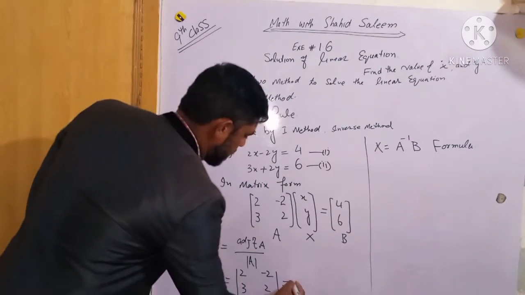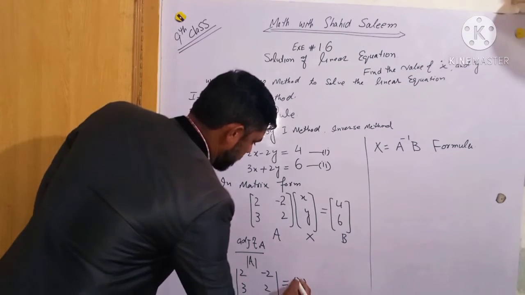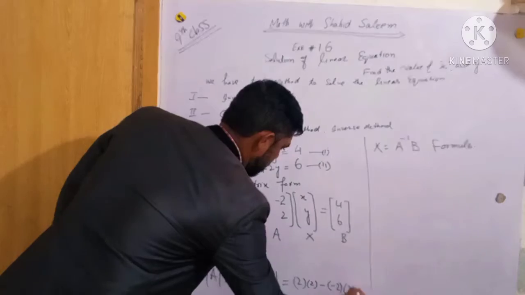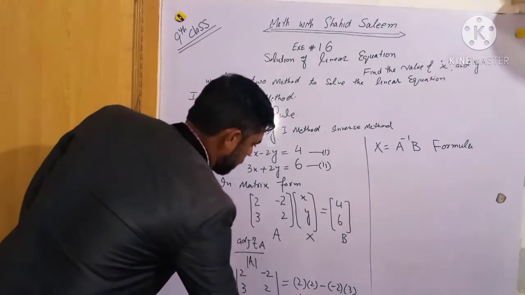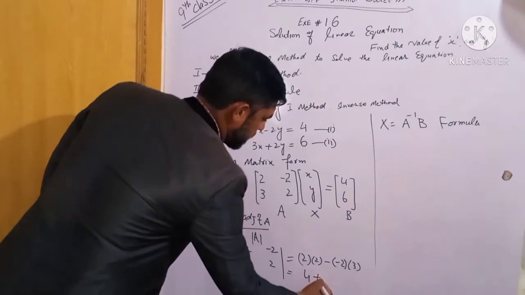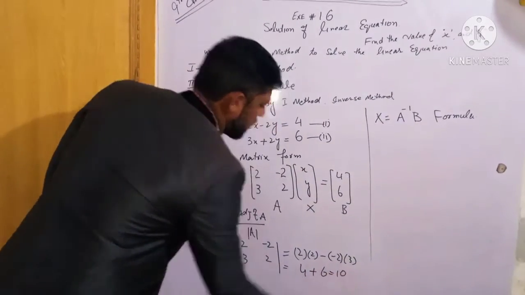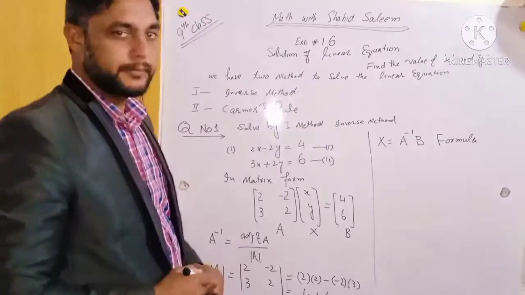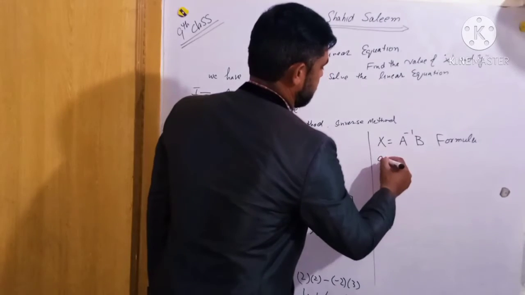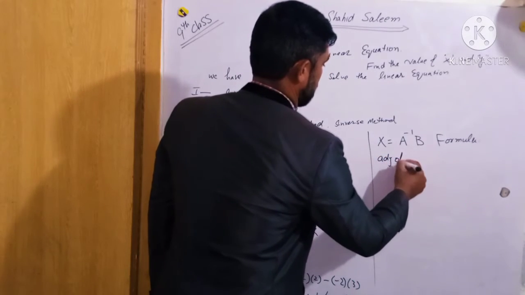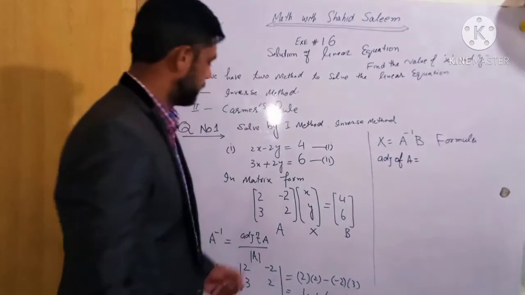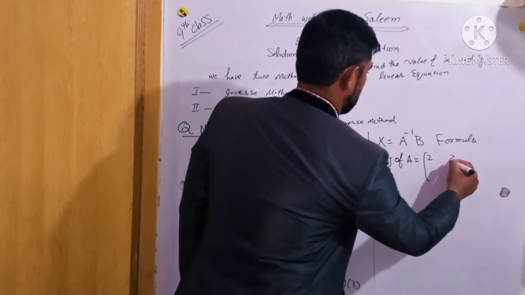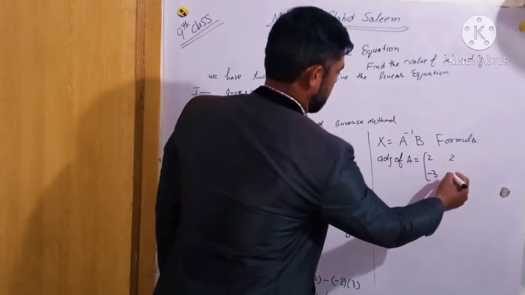Magnitude equals 2 by 2 minus minus 2 by 3, which is equal to 4 plus 6, equal to 10. Now the adjoint of A equals 2, 2, minus 3, 2.